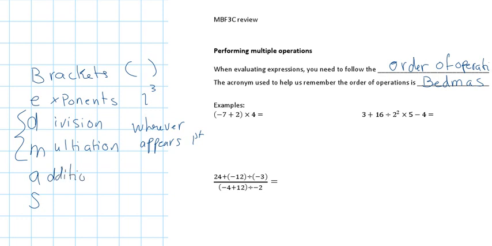Technically, you can do these together, and then again in order from left to right. Okay, so this is what BEDMAS stands for. You're going to hear me refer to it, just so you know. It's the order of operation.